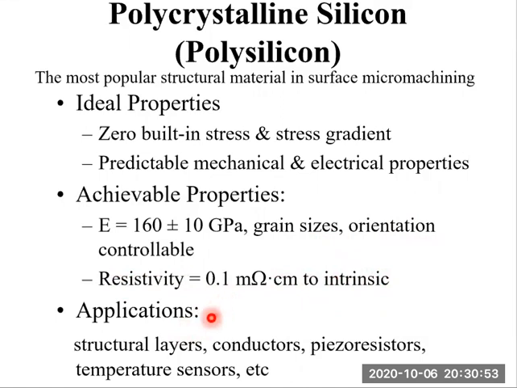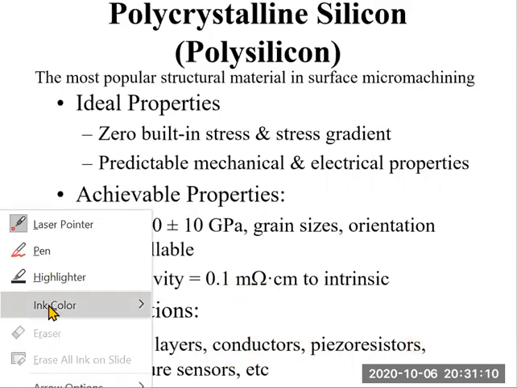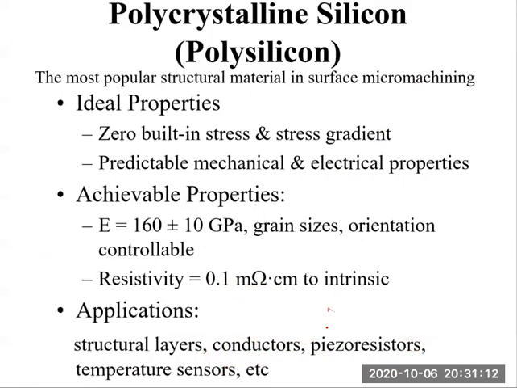Application of polysilicon. First is a structural layer, we just mentioned here. In addition, polysilicon can also serve as a conductor when it's heavily doped, and a piezoresistor whose resistance is a function of mechanical stress or mechanical strain. So if we apply stress or strain, the resistance will change.